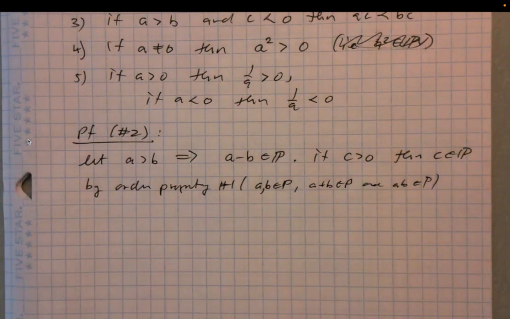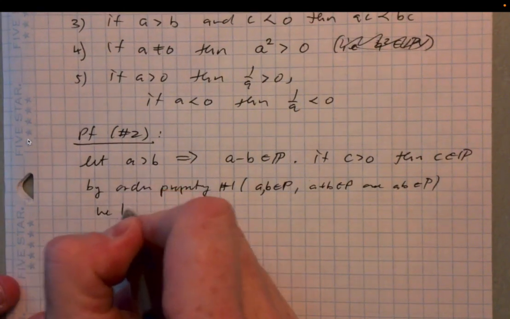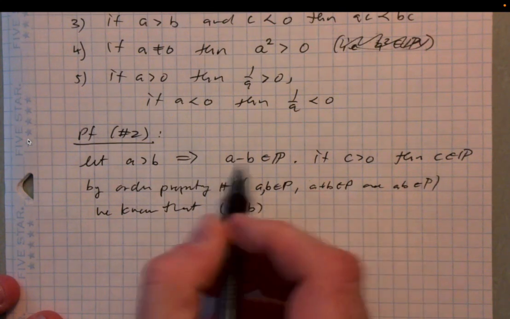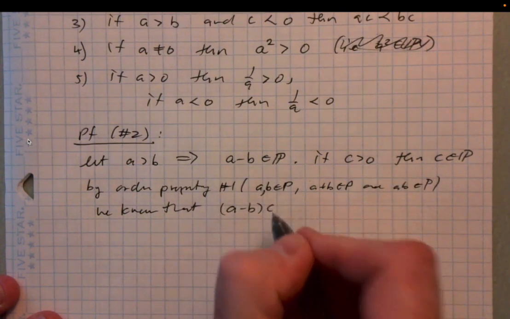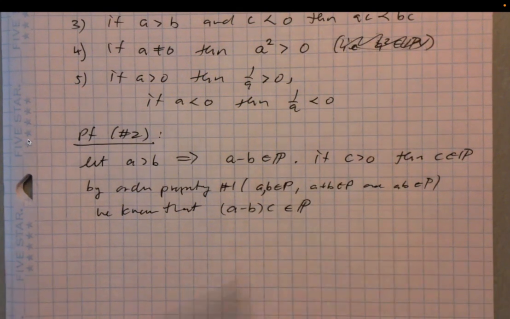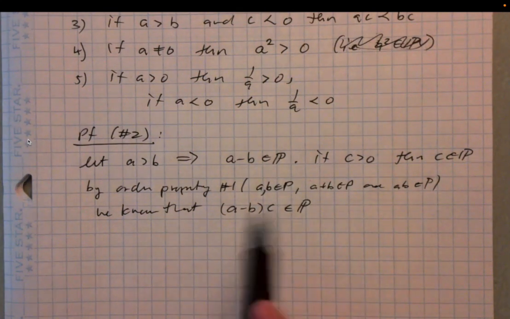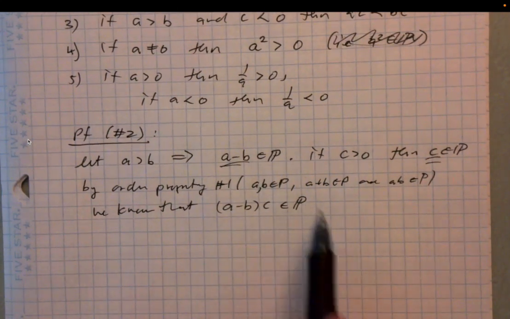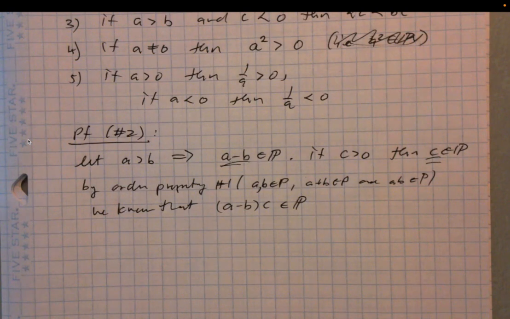All right, so by that property, we know that A minus B is in P, and C is also in P, so A minus B times C must be in P. Here's an element in P, here's another element in P. When I multiply them together, that product must be in P as well.